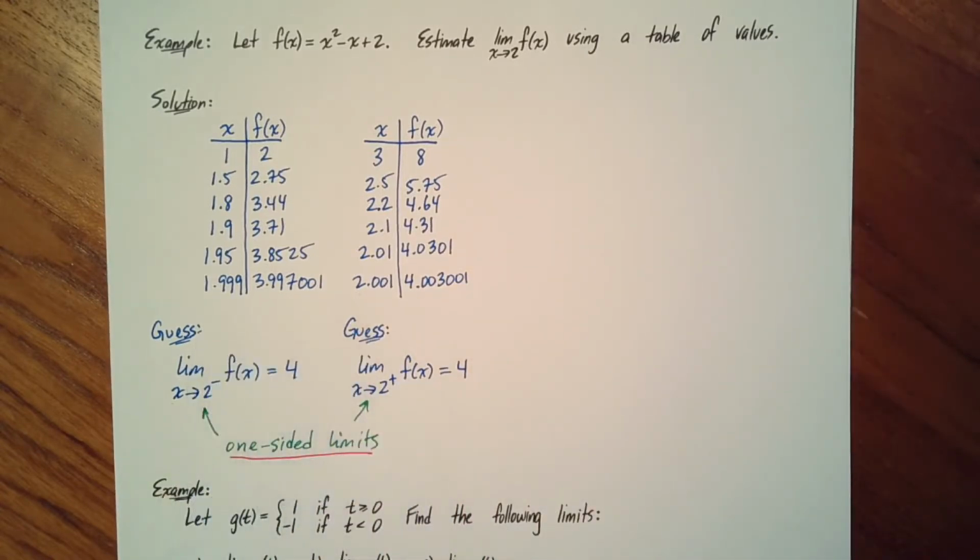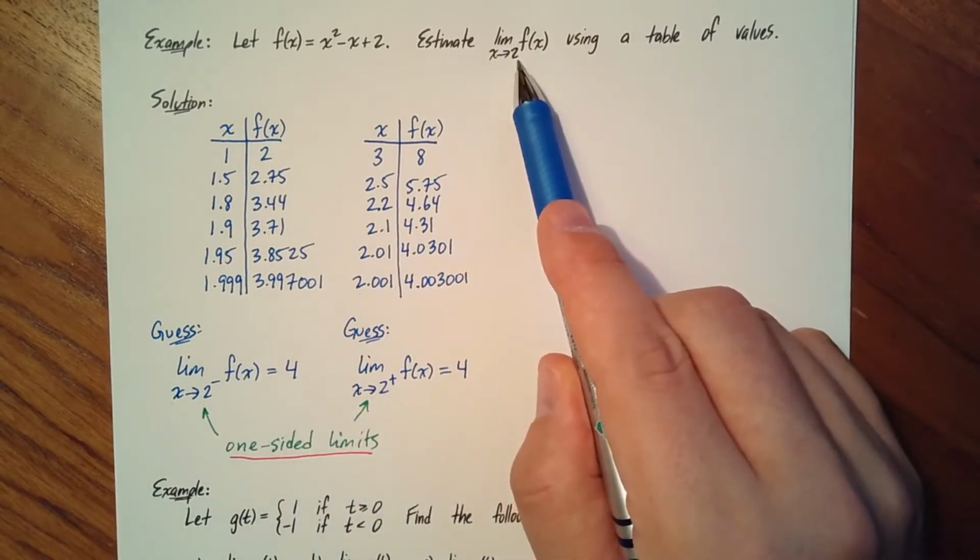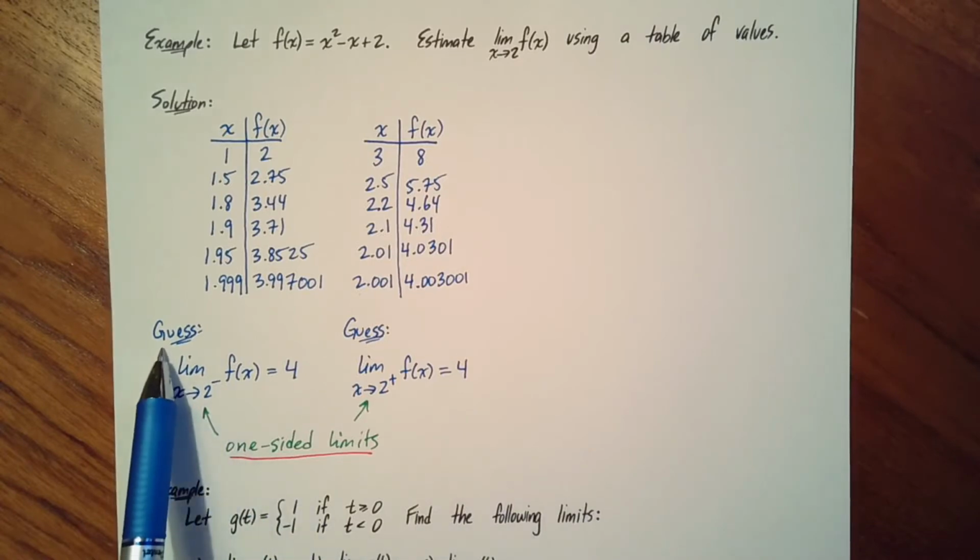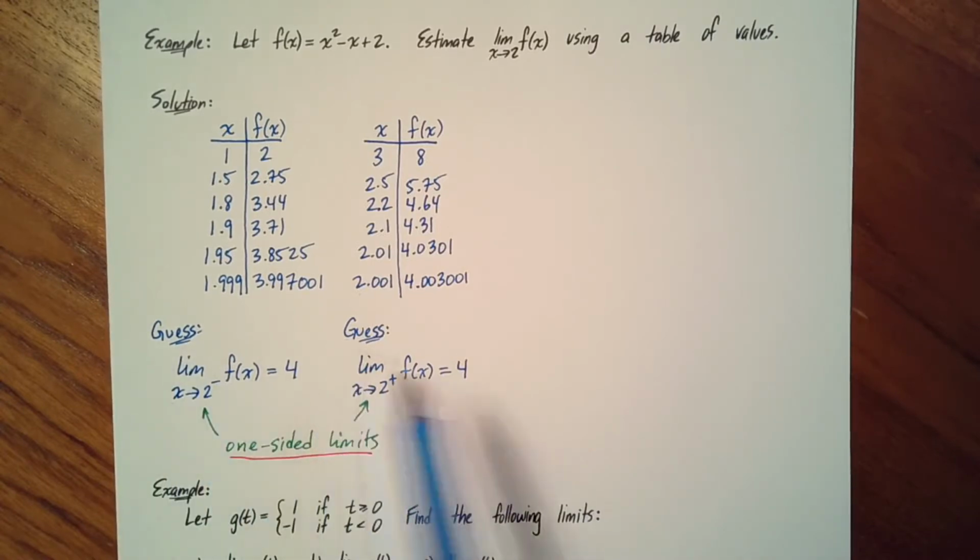You look at the one-sided limits first, and if they agree, then you can safely conclude, at least with whatever level of certainty you have for these two limits, which were just guesses. So our conclusion here is going to be a guess as well. Well, let's write it down.